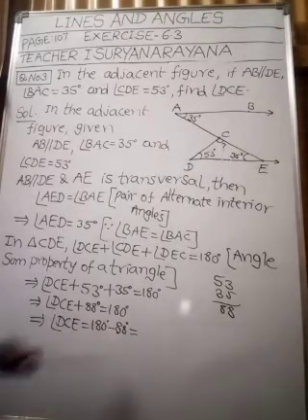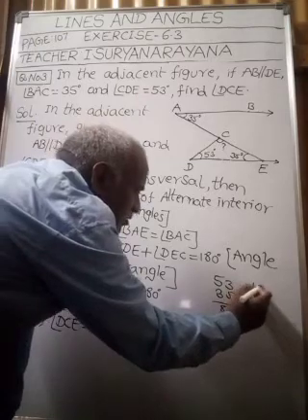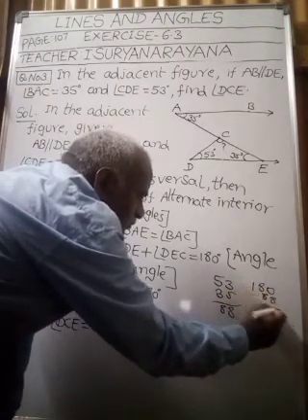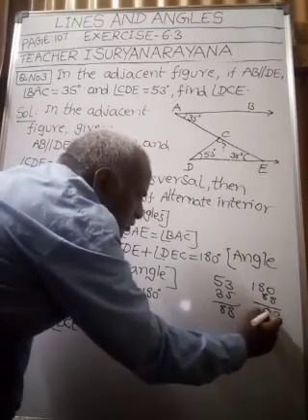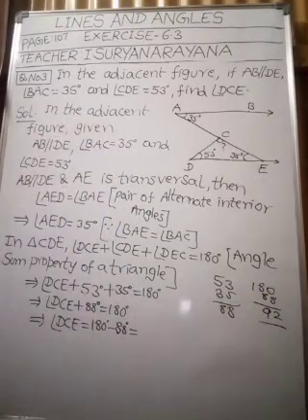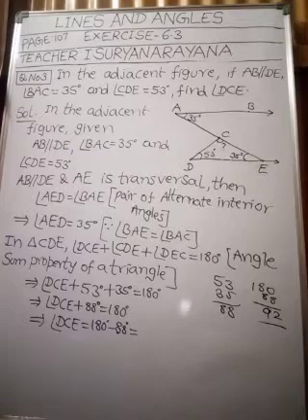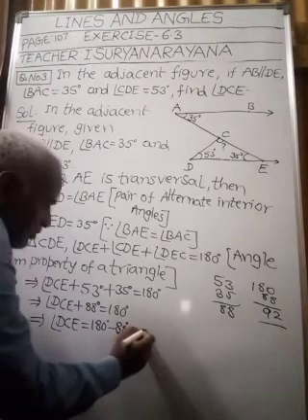Let us simplify these two numbers, 180 minus 88. What will you get? Okay, my children, understood? Right.